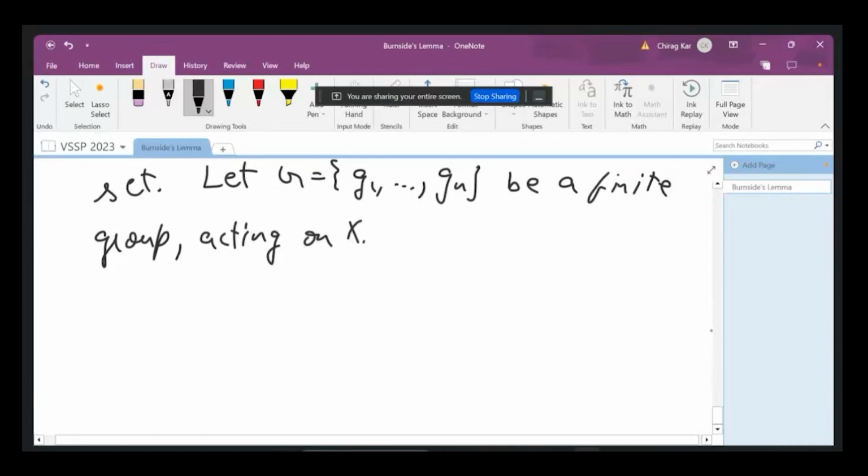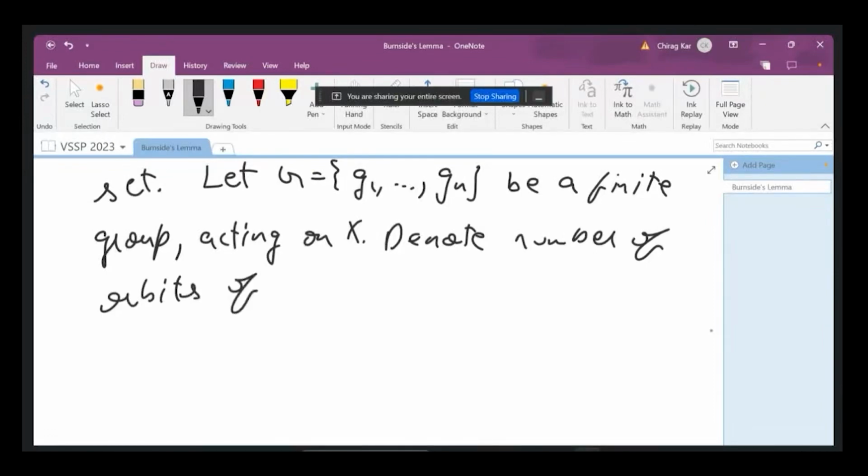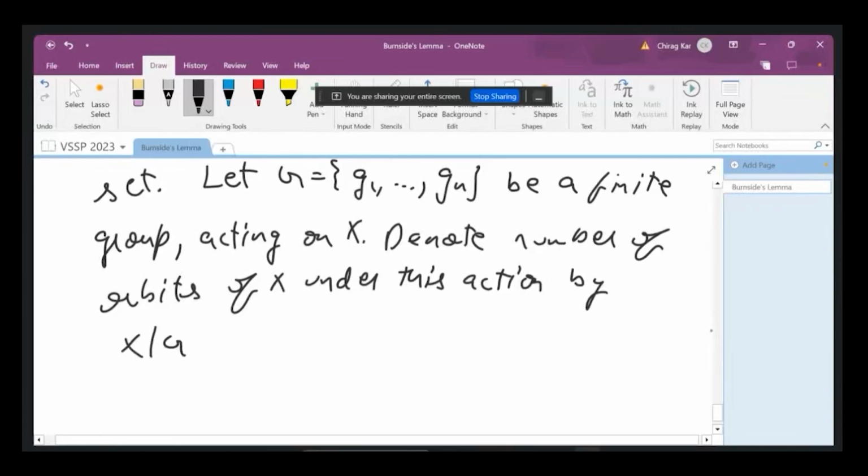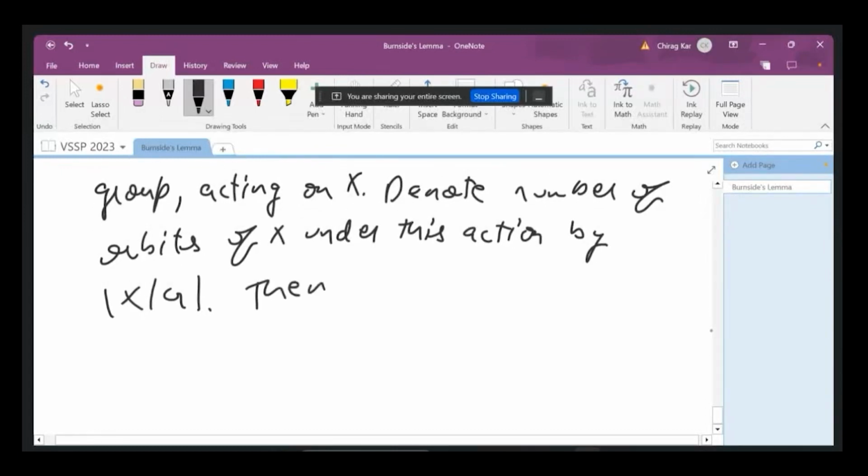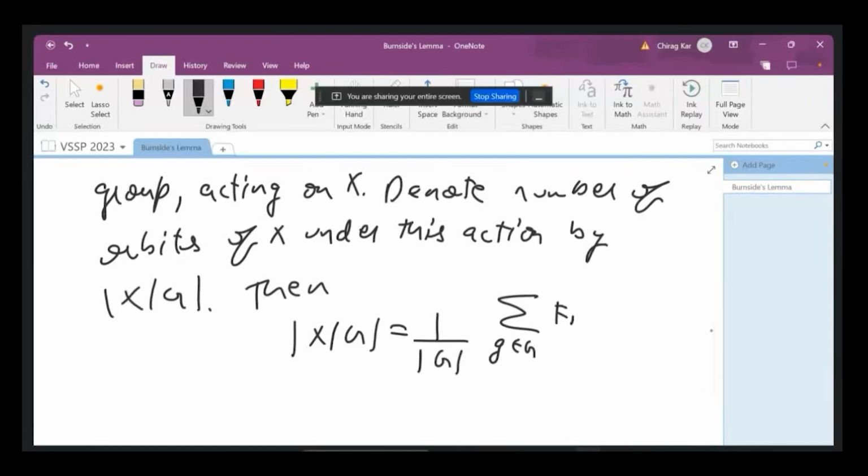Now, what we have to prove is this. Denote the number of orbits of X under this action by X by G. Then the cardinality of X by G is equal to 1 over the cardinality of G times the summation over g belonging to G of fix of g.